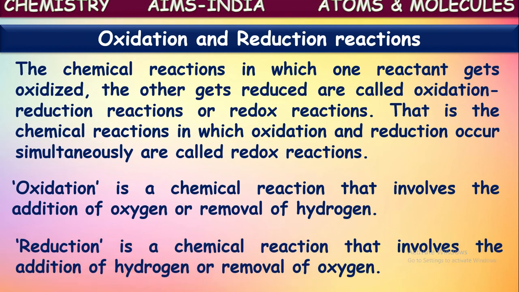In the reverse way, a reduction reaction is a chemical reaction that involves the addition of hydrogen or removal of oxygen. That means the chemical reaction in which a substance gains hydrogen or loses oxygen is called a reduction reaction. If these two reactions occur in a chemical reaction simultaneously, then that is called a redox reaction.